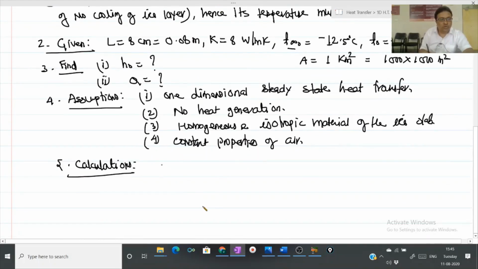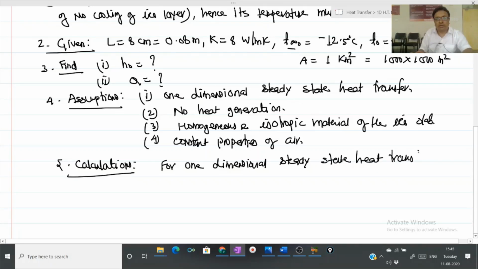So, for one dimensional steady state heat transfer, once again I am writing heat transfer, not conduction, because it is a combined mode of heat transfer.